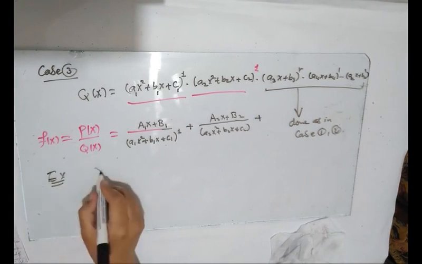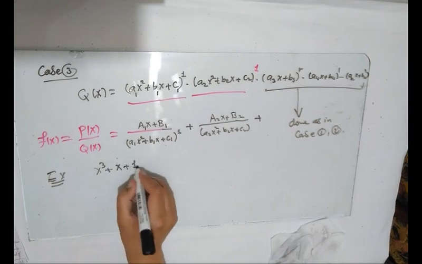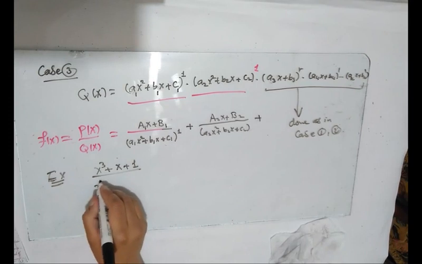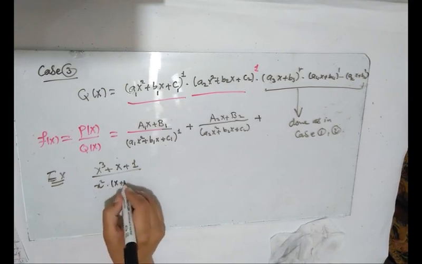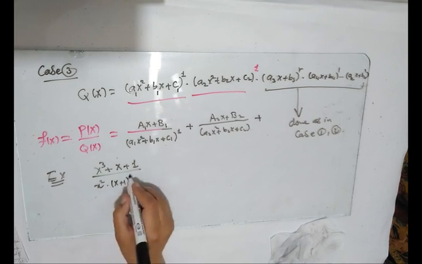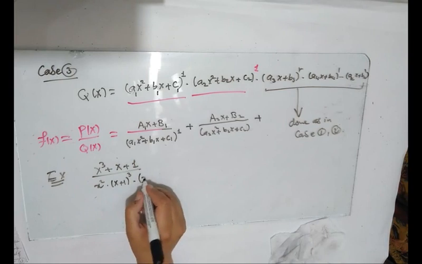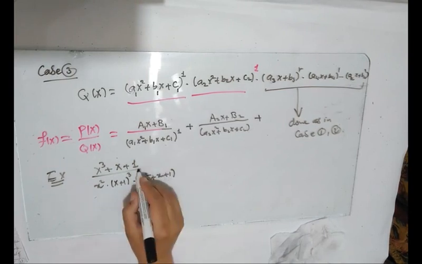So here again, consider this rational function: x cubed plus x plus 1 over x squared times x plus 1, cubed, times x squared plus x plus 1.